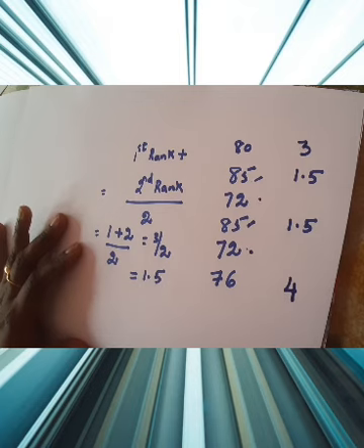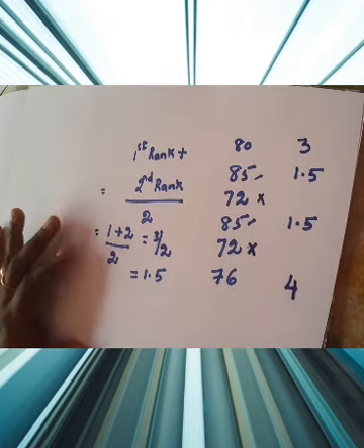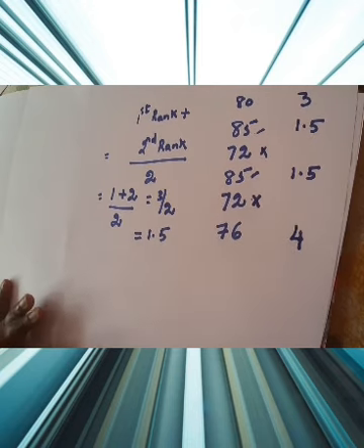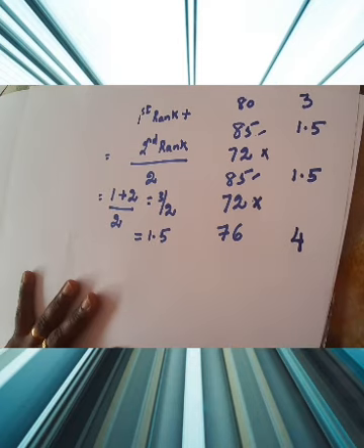Now for the fifth rank, again there is going to be a tie between the two people who have scored 72 marks each. How are we going to calculate, students? It's very simple. Fourth rank we have given. So for the fifth rank there is a tie.